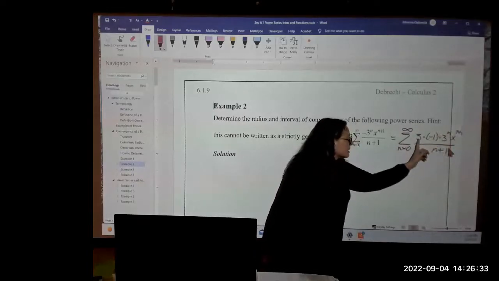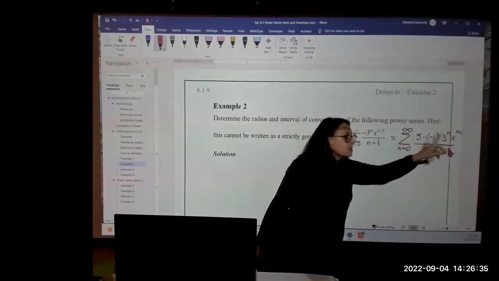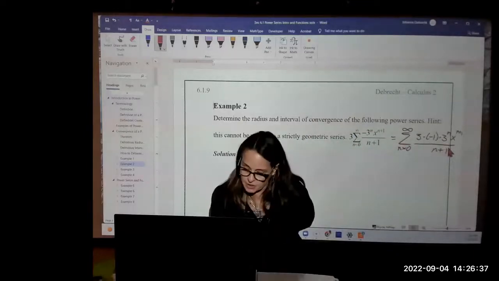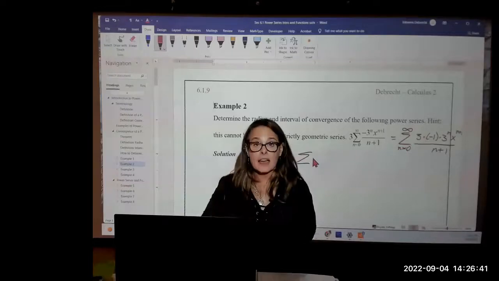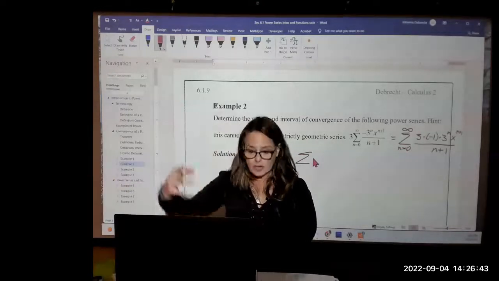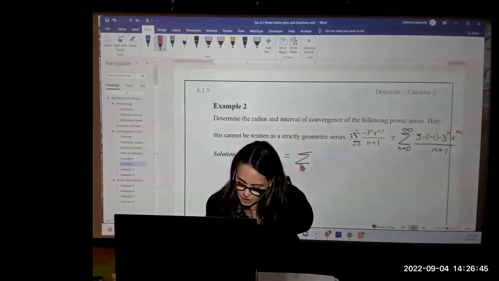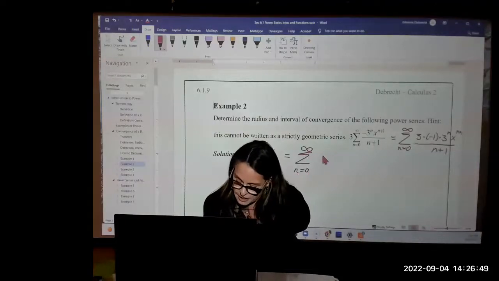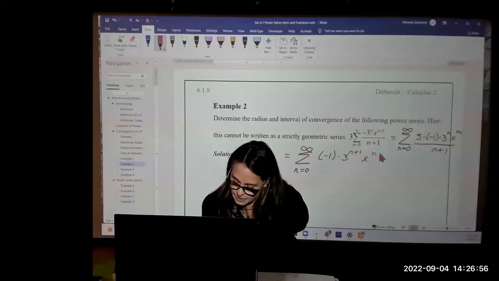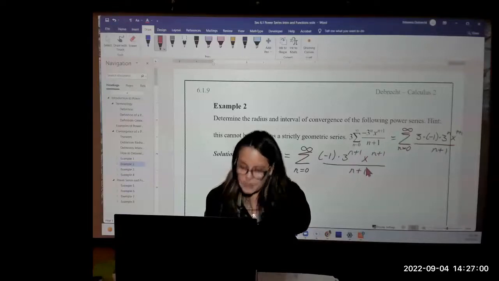Well, then I can take the 3 to the first times 3 to the n, and I can then rewrite my series, my power series, since I have x to the power n plus 1. I can rewrite this now from 0 to infinity as -1 times 3 to the n plus 1, x to the n plus 1, all over n plus 1.